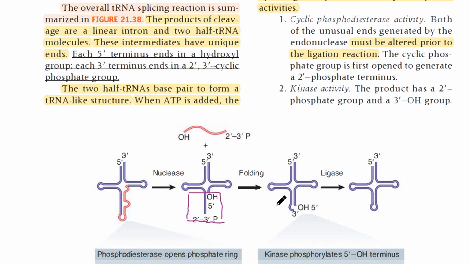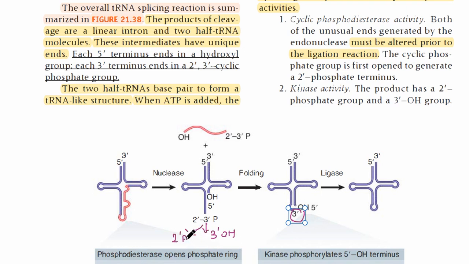Now what we see is that this 2' to 3' cyclic group is then opened up, forming a 3' OH group and a 2' phosphate group.